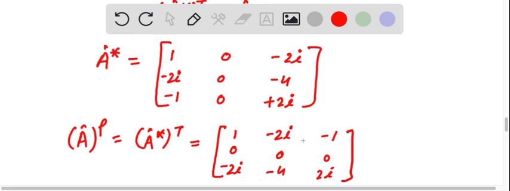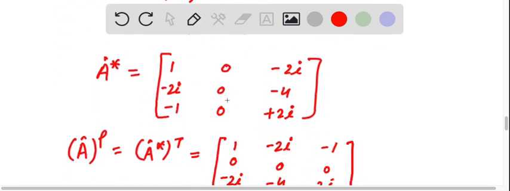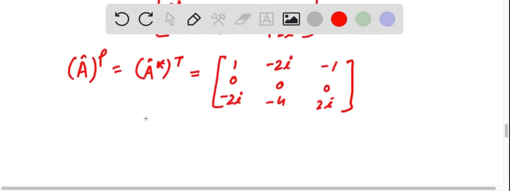You can see this matrix and the original matrix are not the same, hence the given matrix A is not Hermitian.